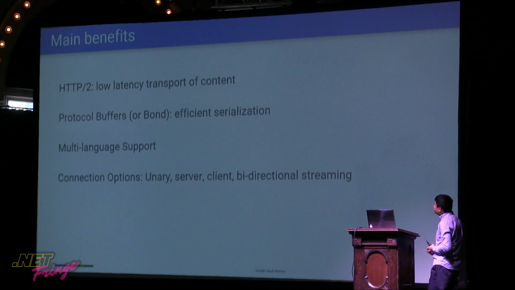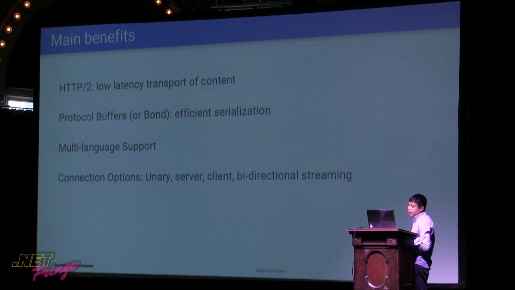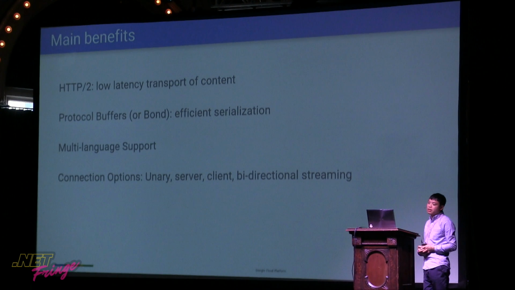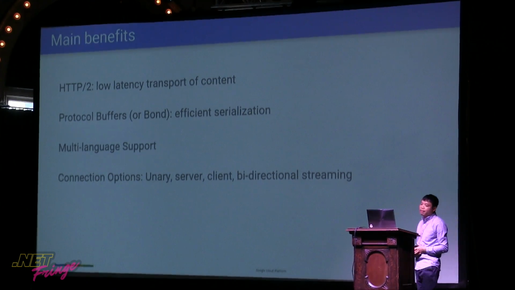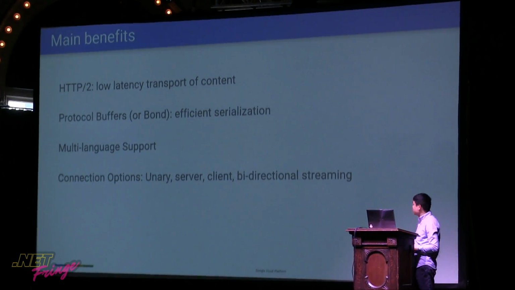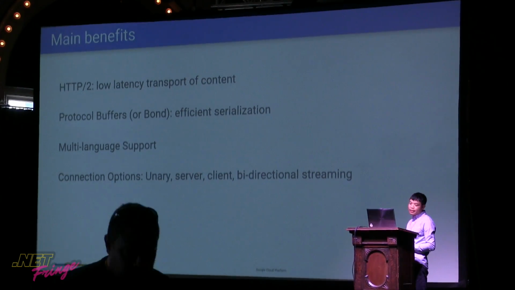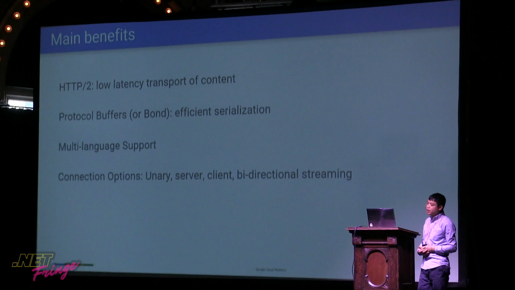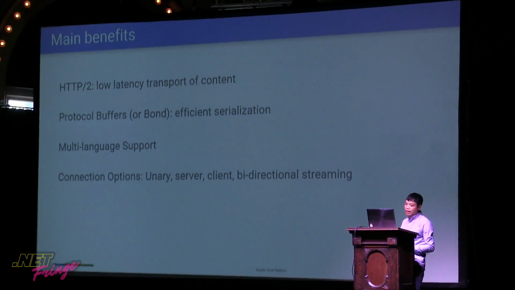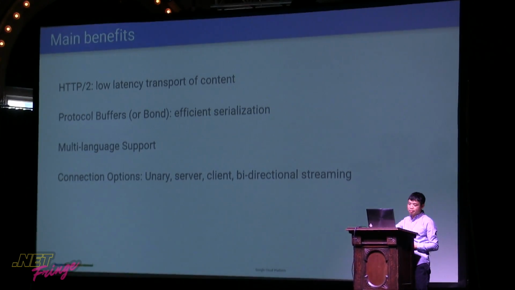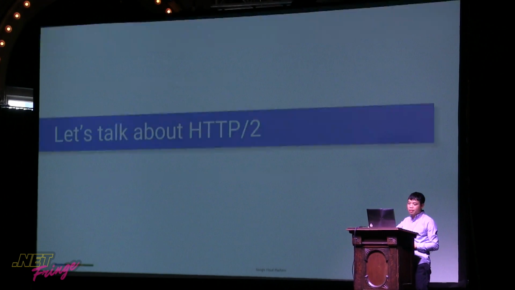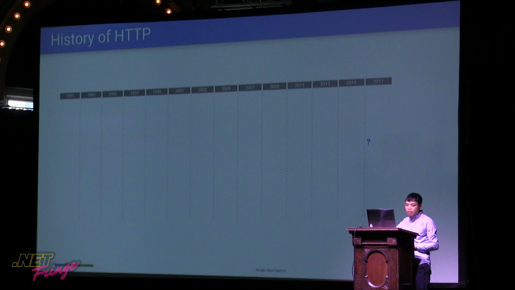HTTP2, low latency transport of contents. Protocol buffers, or even you can choose a binary with efficient serialization. It has multiple language support, and there are flexible connection options: unary, server, client, bidirectional streaming. Let's talk about HTTP2.